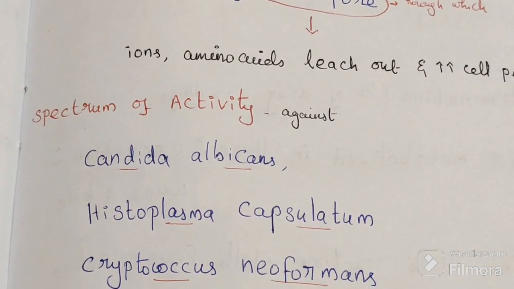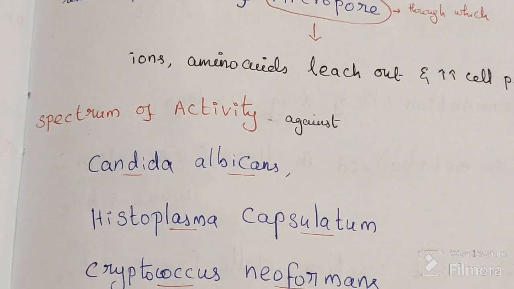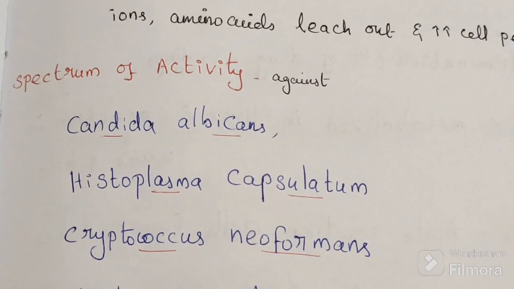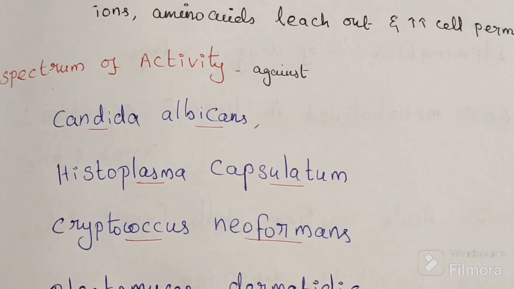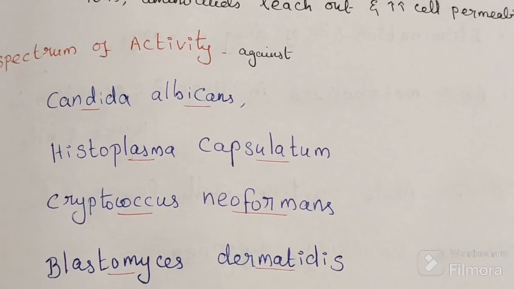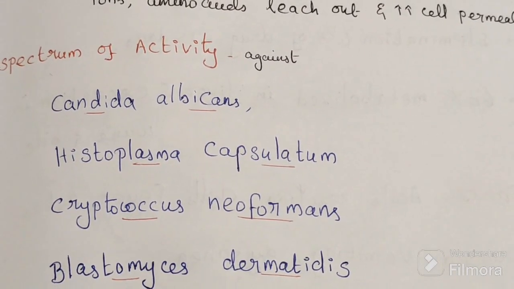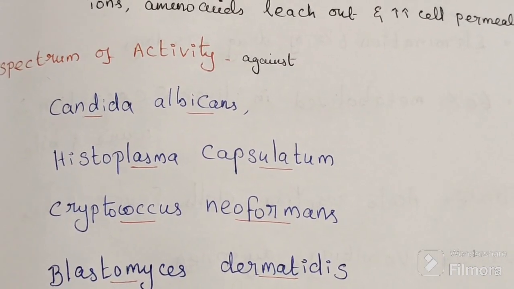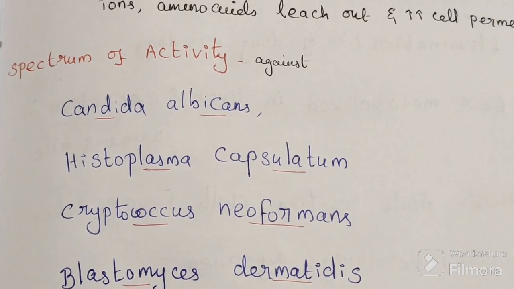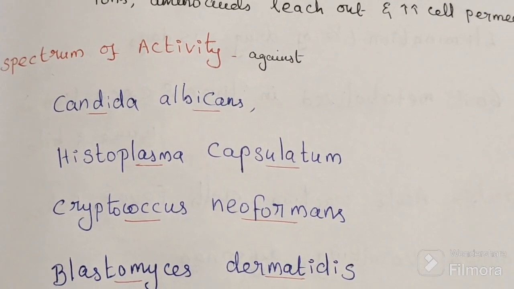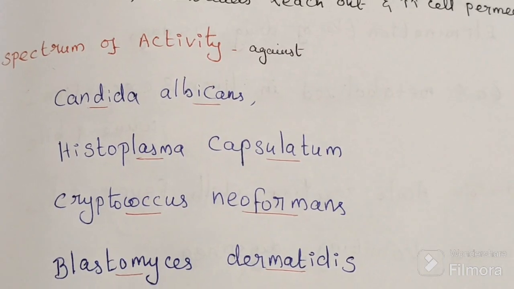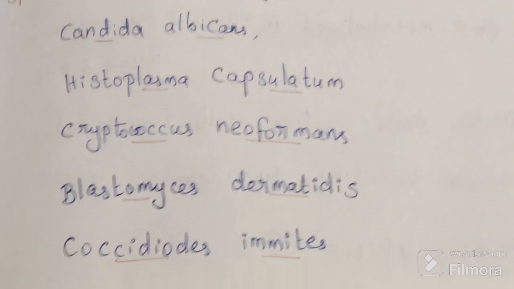Next, the spectrum of activity of amphotericin B: it acts against Candida albicans, Histoplasma capsulatum, Cryptococcus neoformans, Blastomyces dermatitidis, and Coccidioides immitis.